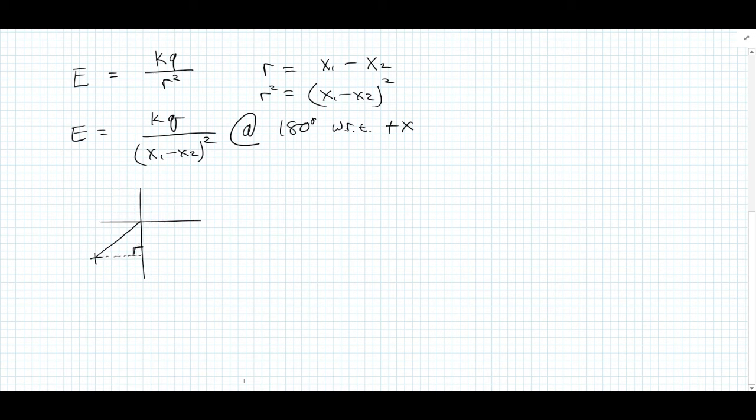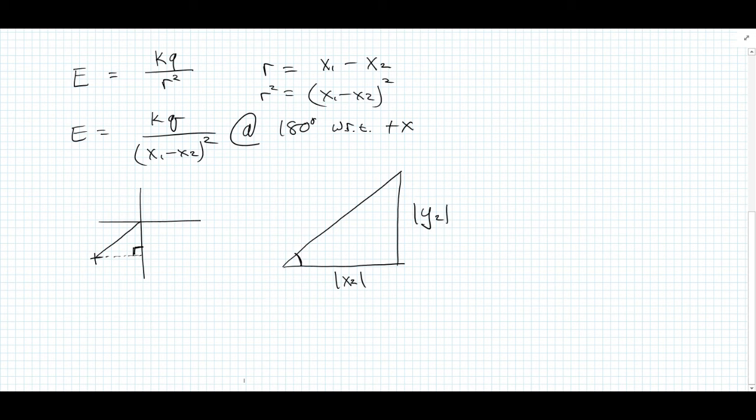So this would be a 90-degree angle. Well, if I draw that triangle separately, I would find that the length of the horizontal side here is just going to be x2, and the length of the vertical side, let me put absolute value around that, is going to be y2.